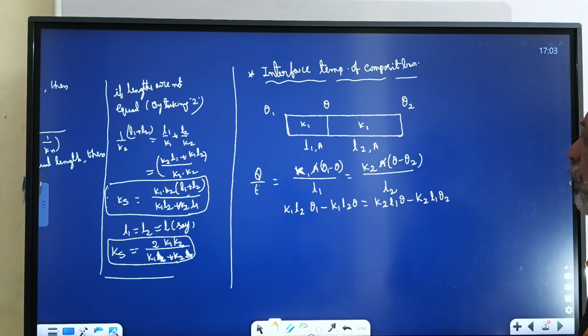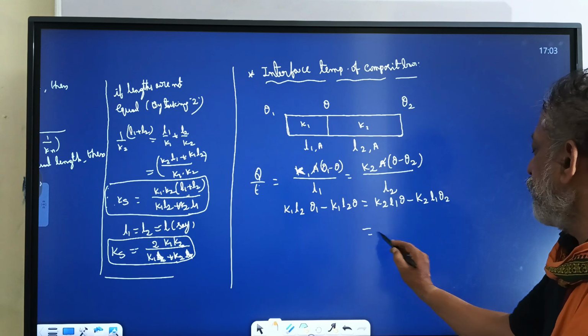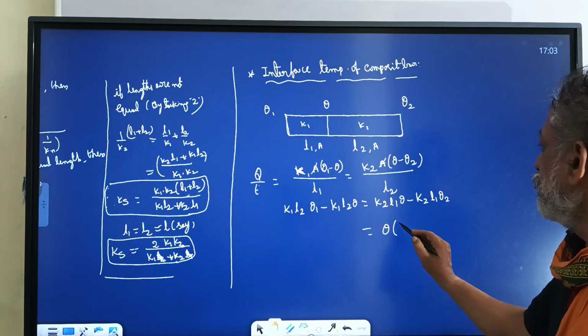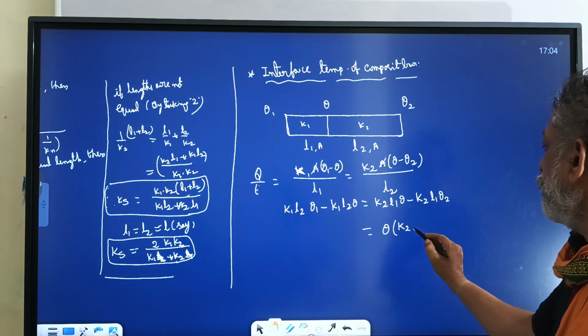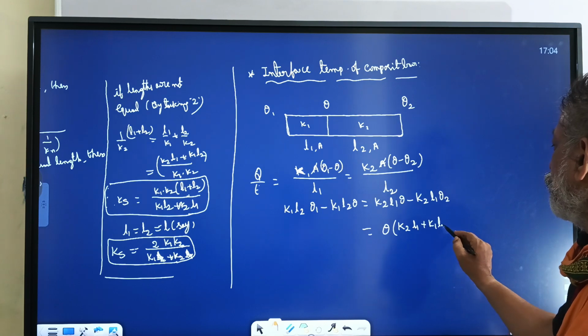So I want theta here. The minus term, bring it to this side. So I can take theta common: K2 L1 plus K1 L2.